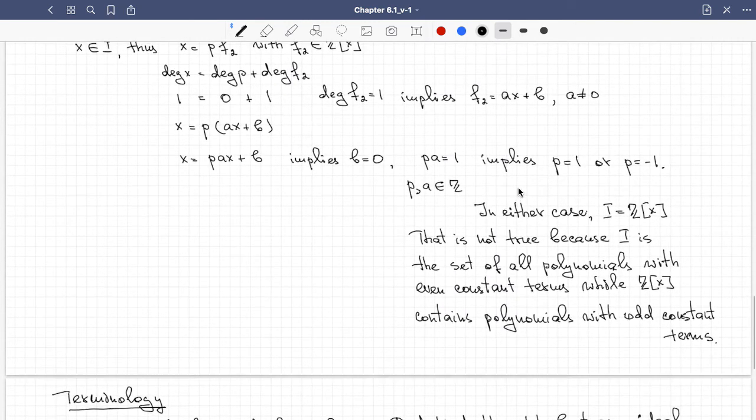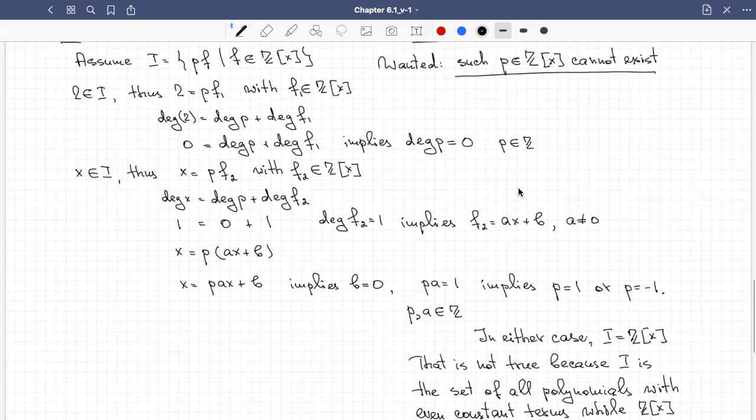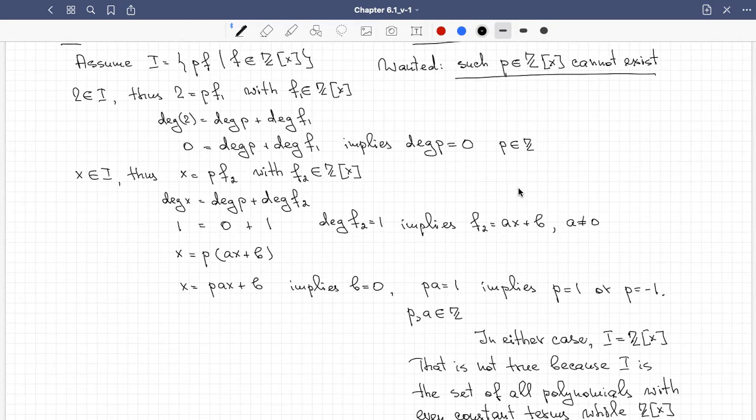He clearly understood that, for example, in this case, the ideal is not principal, but it behaves like all multiples by a polynomial which does not exist. An ideal looks like all multiples of an ideal polynomial.